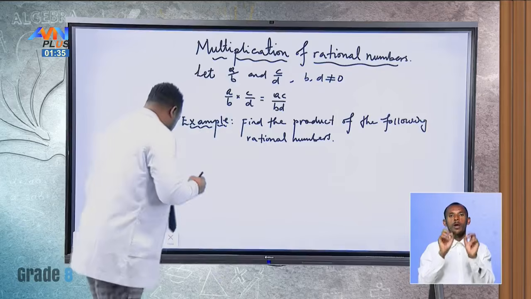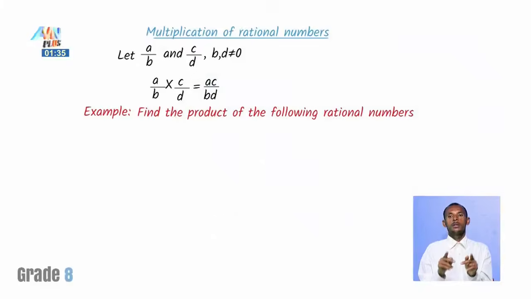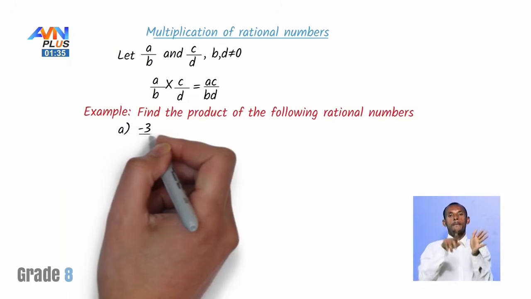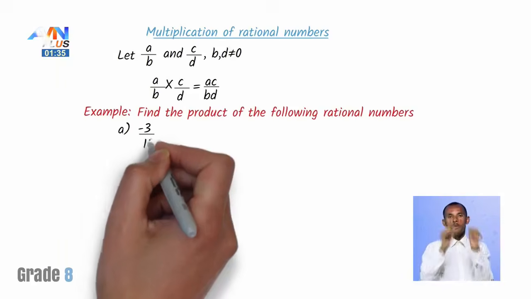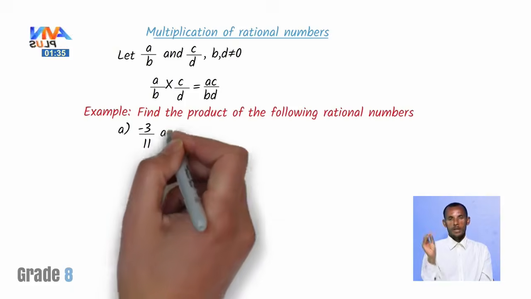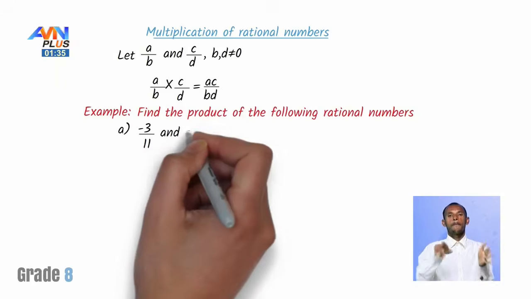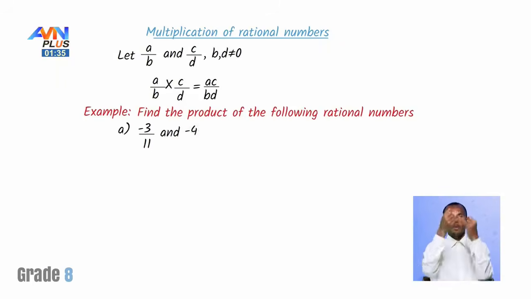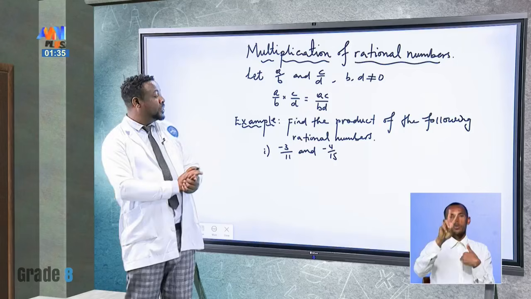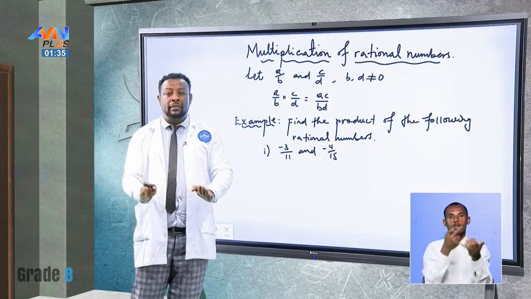In our first example, we have minus 3 over 11 and minus 4 over 15. Here we have two rational numbers. Both of them are negative.